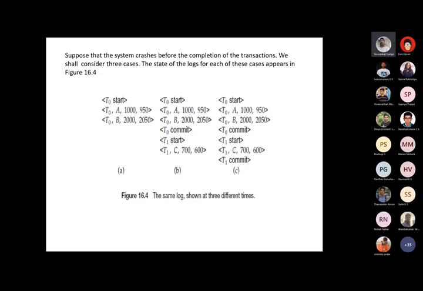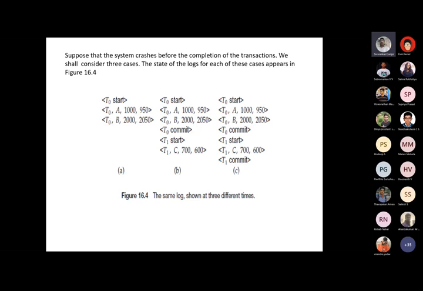And when the log-based recovery operation looks into the transaction T0, the T0 start log record is there, and a T0 commit log record is also present in the log file. So it means that the update of the values of data items A and B has been successfully carried out.